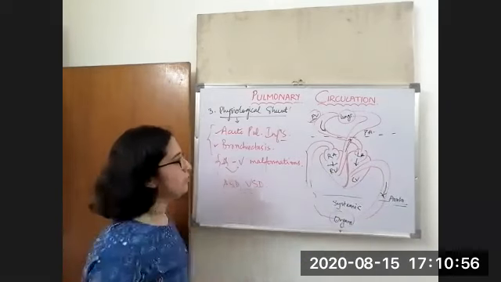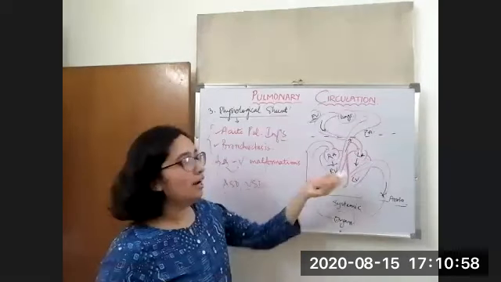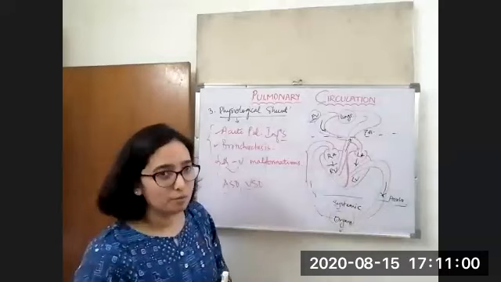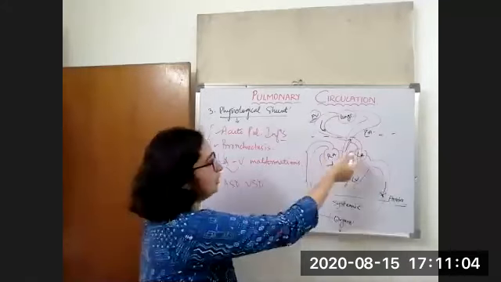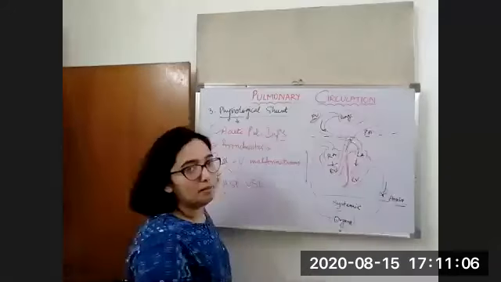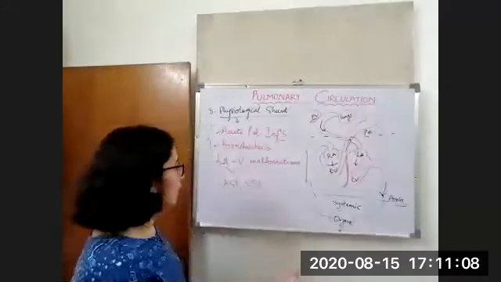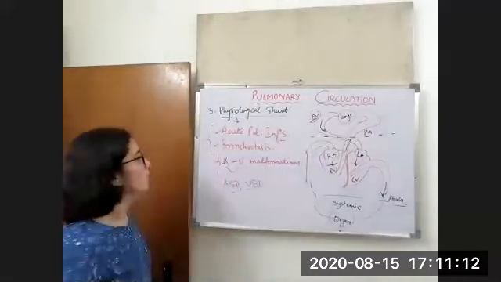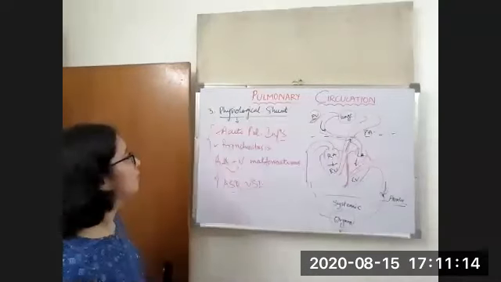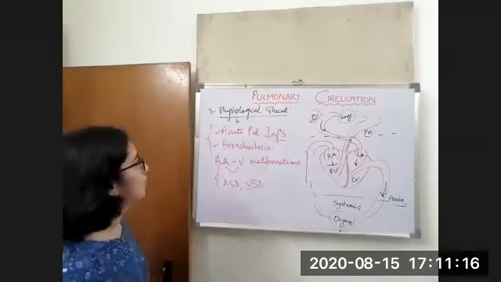What happens is that the septa between the ventricles and the atria does not close properly, so the venous blood and the oxygenated blood mix and it can create some problems. These are your cardiac conditions, and those are your pulmonary conditions.